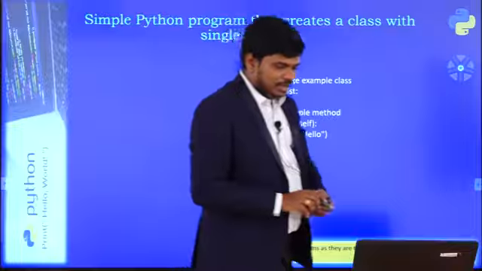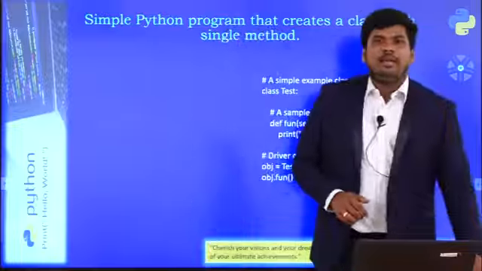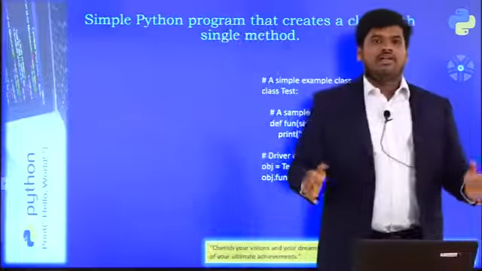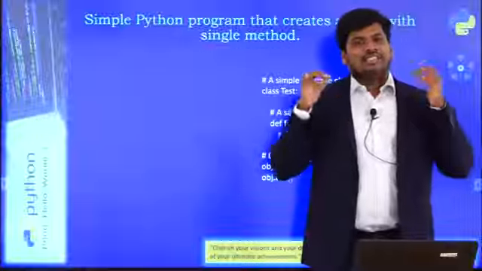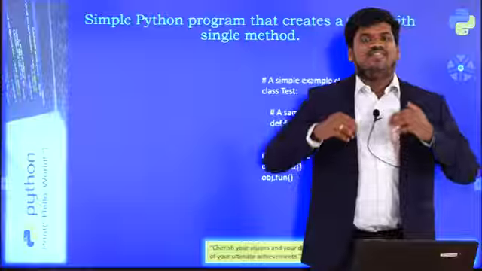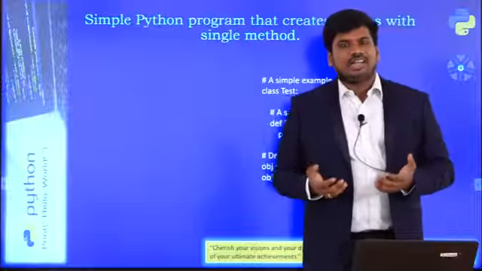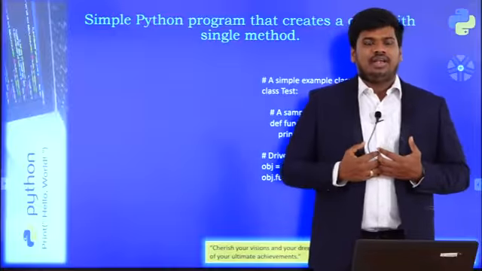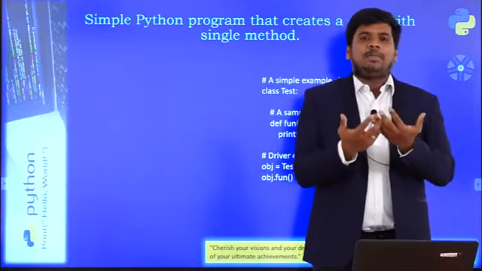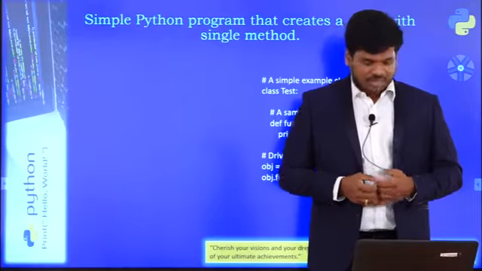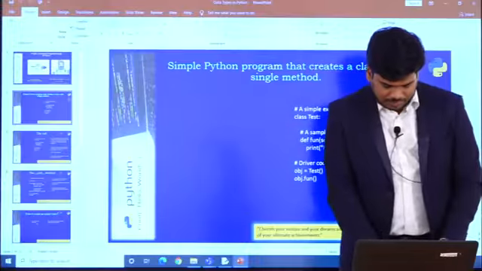I will open my Python interpreter and execute my Python program with the self keyword and without the self keyword. Now you will decide how important the self keyword is.